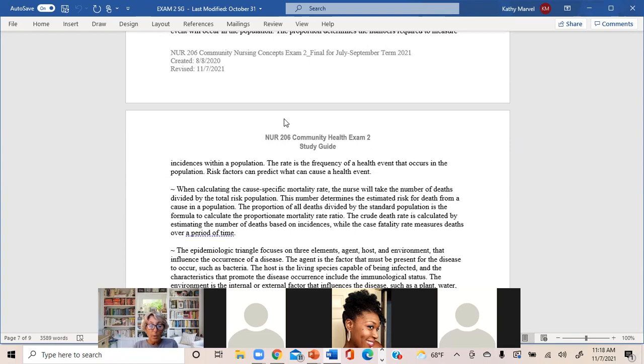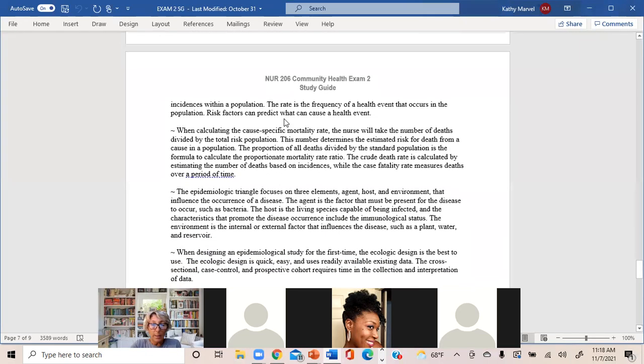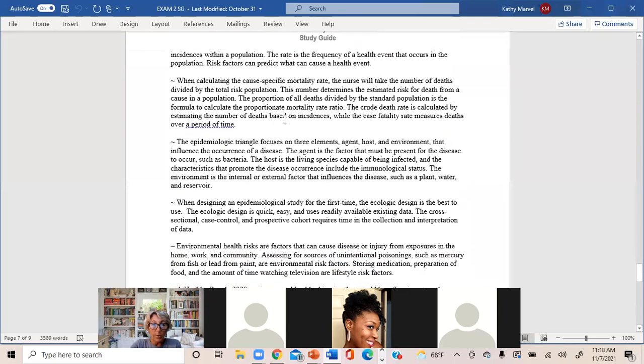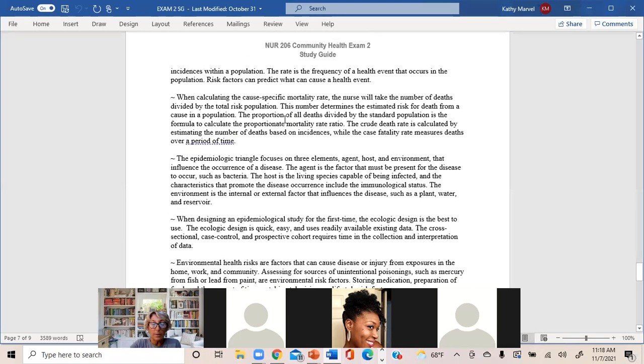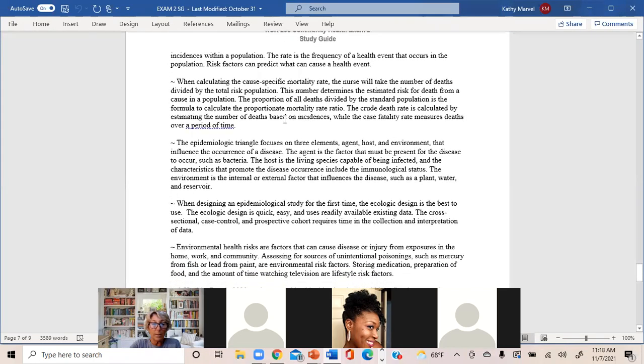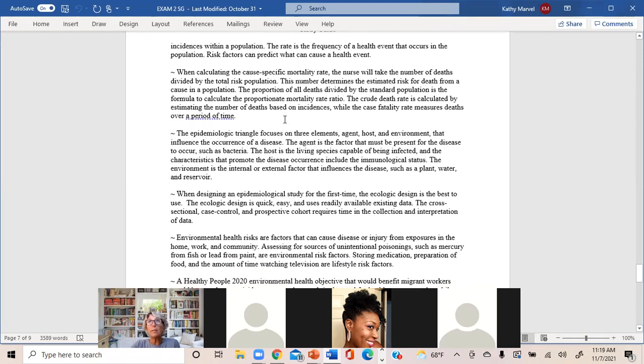Right? So for those of you in the book, somebody go to chapter 9 and find me the box that we reviewed about how you calculate these rates, the mortality rate, let's say it gives you specific ones here: cause specific mortality rate. Okay. Crude death rate.